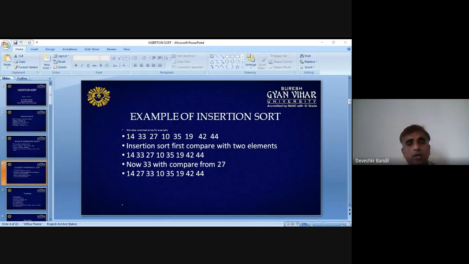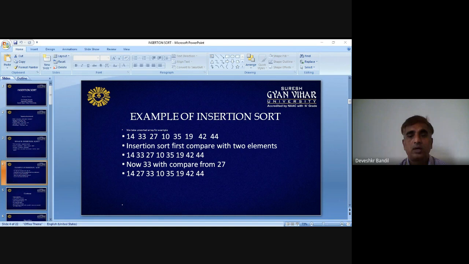So if 14 is less than 33, swapping is not required, because as per the sorting fashion, when you want to sort in ascending order, your first element should be less than your second element.